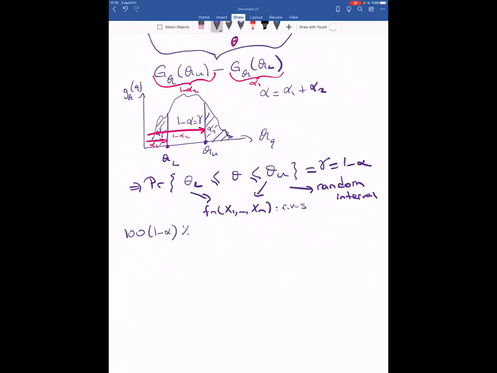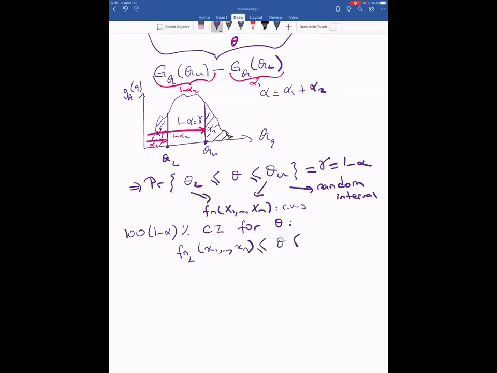So if we want to find a confidence interval, then we need to write one more step. If you want to find a 100 times 1 minus alpha percent confidence interval for theta, then we need to replace, let me write it as function L, lower, where we replace all random variables with the observed quantities.